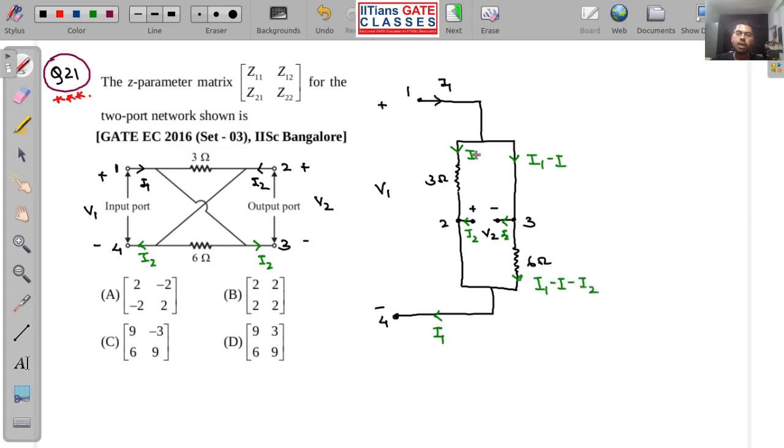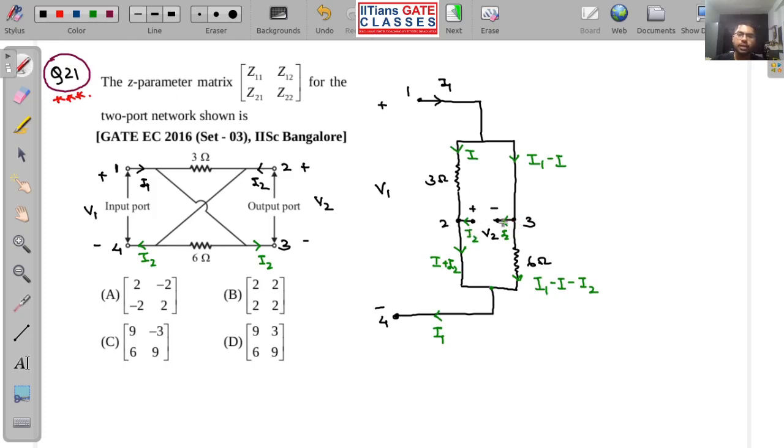Now I have divided each of the branches, and this will be I plus I2. If I plus I2 is coming here, again you can see I1 is going out. So my current division is satisfying at each branch. Now simply I will be applying KVL. The first KVL will be starting from 3, going to 2 and returning to 3.